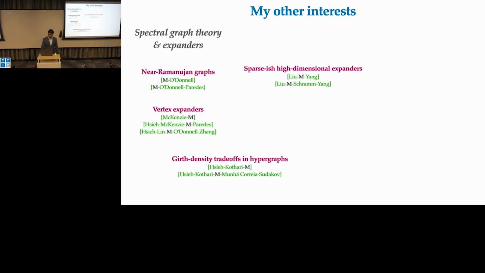Okay, finally, I want to spend a slide just highlighting some of my other interests. Over the past 7 years or so, I've been really interested in spectral graph theory, and in particular in problems related to constructing expander graphs, which are these objects that are relevant in pseudo-randomness and coding theory, and also in other sub-areas of theoretical computer science.